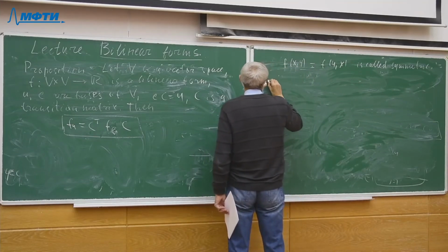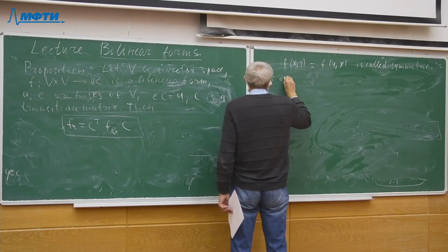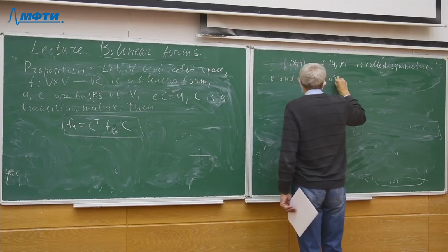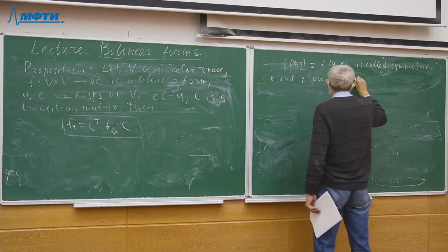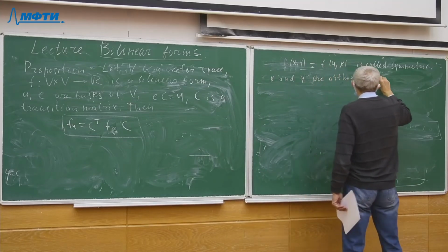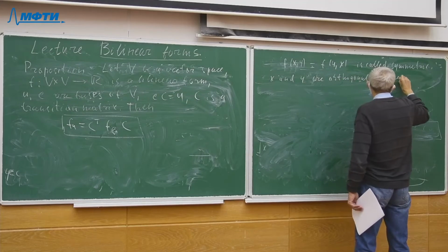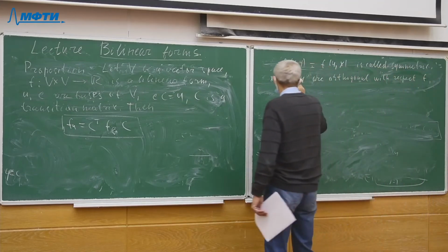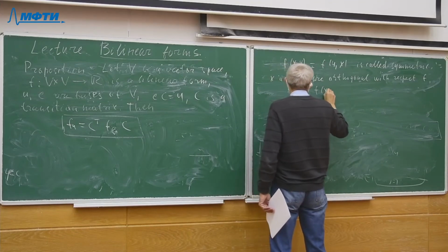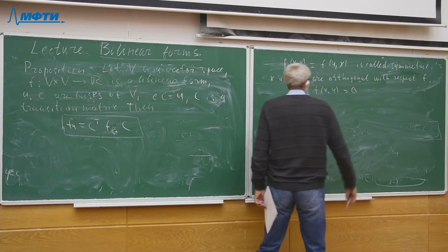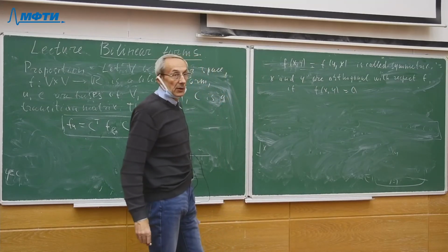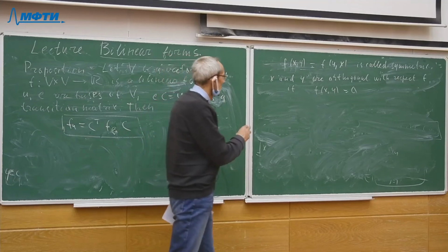We will say that vectors x and y are orthogonal with respect to F if the value of the bilinear form F(x, y) is equal to 0.